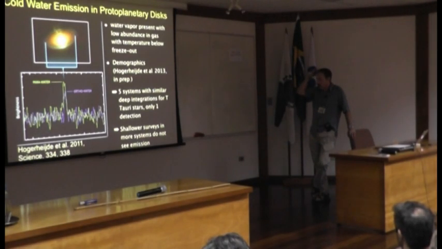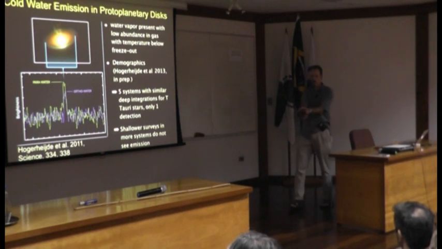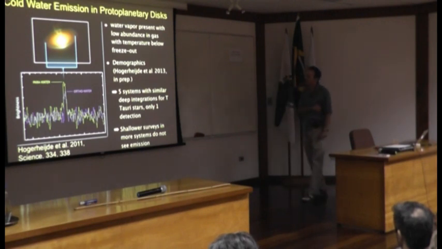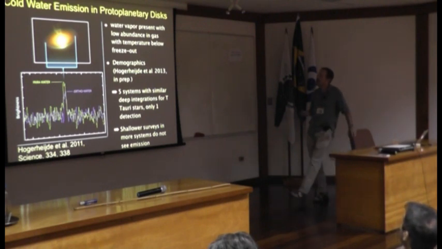If we want to look for water in the outer parts of the disk where comets are forming, we have to go away from Spitzer. You know, Spitzer was the mid-infrared. I told you that was very hot water. You have to go to sub-millimeter and far infrared to get the cold water. And so this is a detection towards the closest young star with a disk, TW Hydra, of water vapor in one of these cold lines.